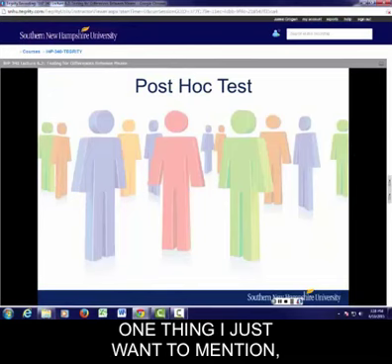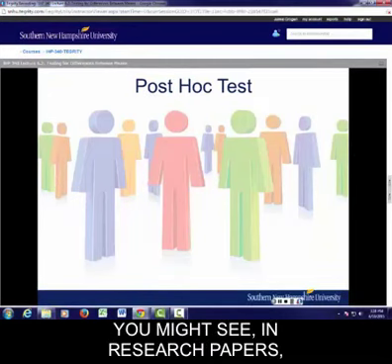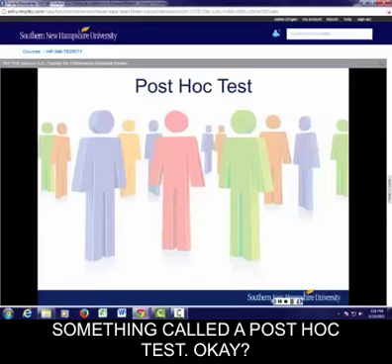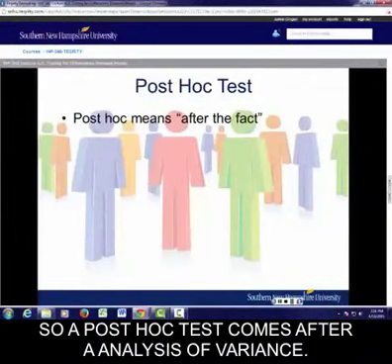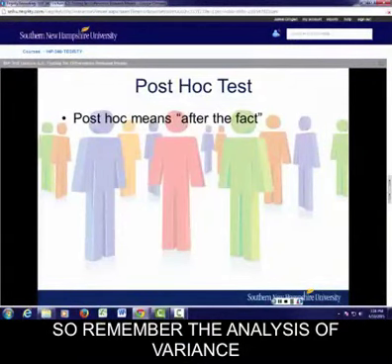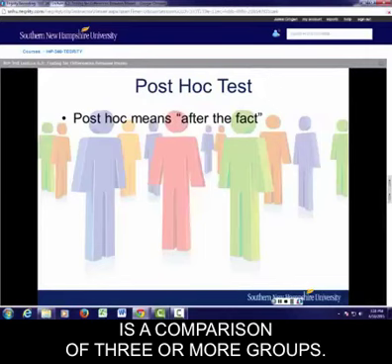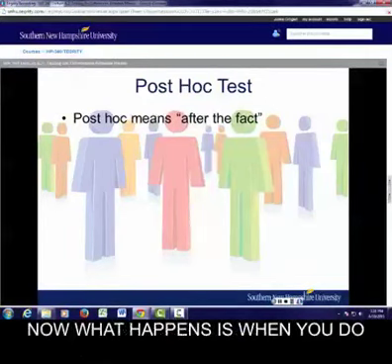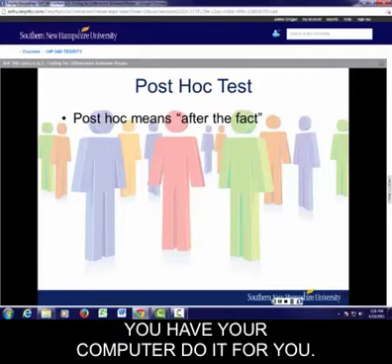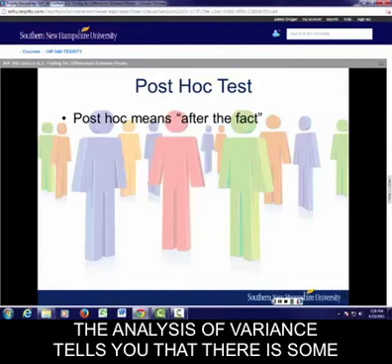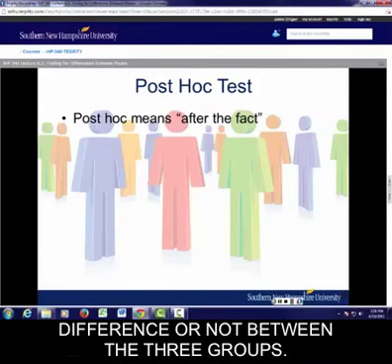One thing I just want to mention, you might see in research papers something called a post hoc test. A post hoc test comes after an analysis of variance. Remember, the analysis of variance is a comparison of 3 or more groups. When you do an analysis of variance, which no one does by hand anymore, you have your computer do it for you, it tells you whether there is some difference between the 3 groups.